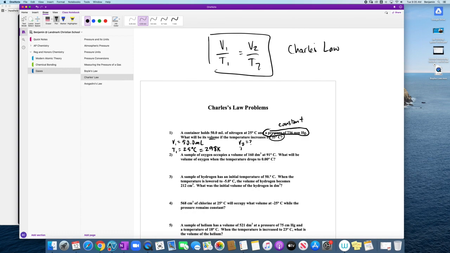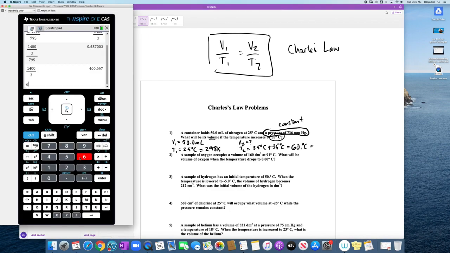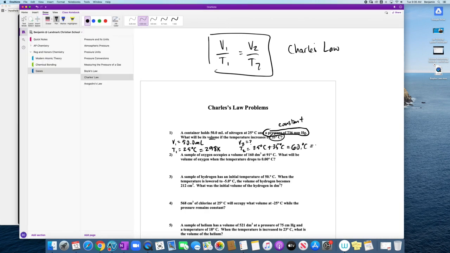The new temperature, T2, is 25 degrees Celsius plus 35 degrees Celsius, which is 60 degrees Celsius. So 60 plus 273, 333 Kelvin. That's our temperature in Kelvin.